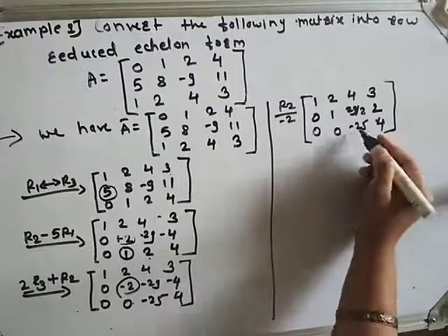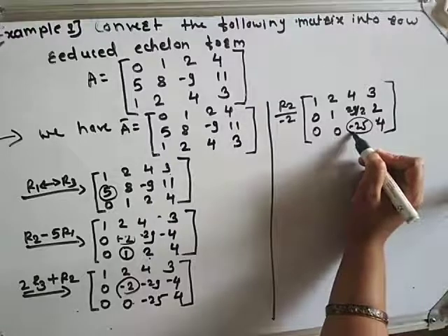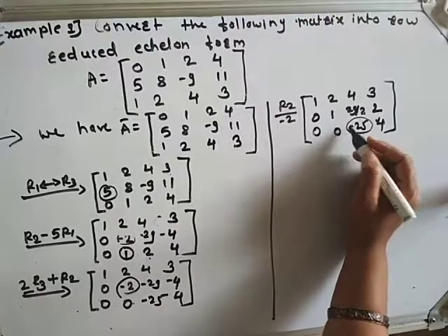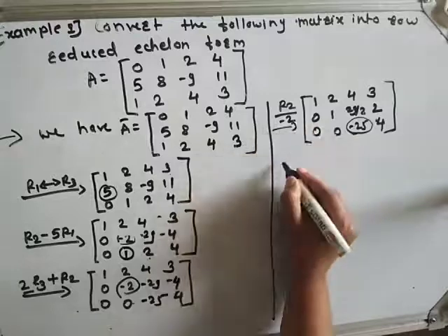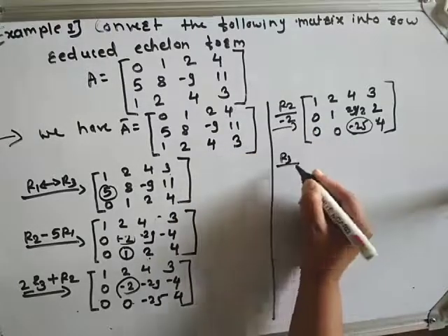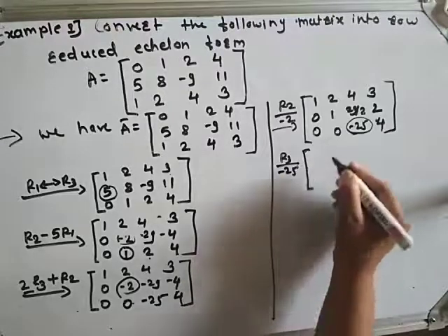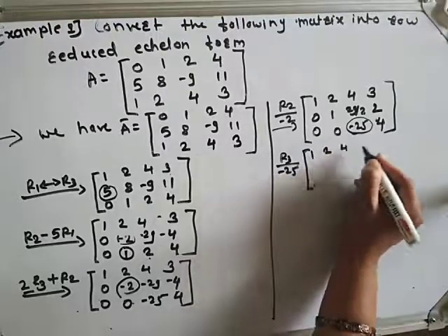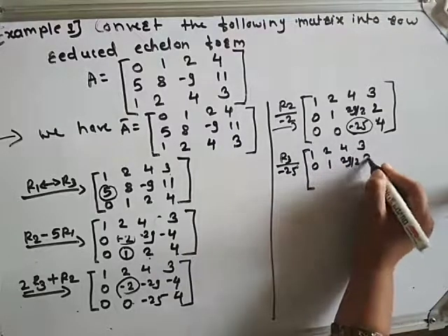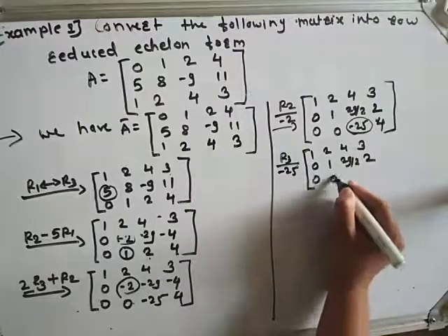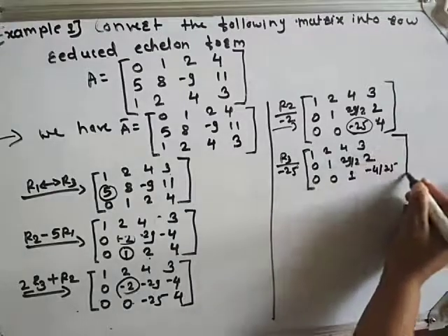See here, in the third row this minus 25 is the leading entry. Here we require 1, therefore we perform the row operation R3 upon minus 25. We get 1, 2, 4, 3; 0, 1, 29 upon 2, 2; 0, 0, 1, minus 4 by 25.